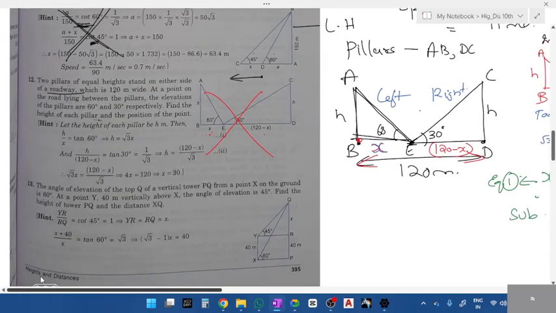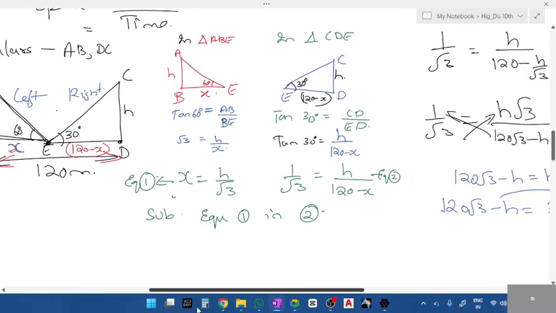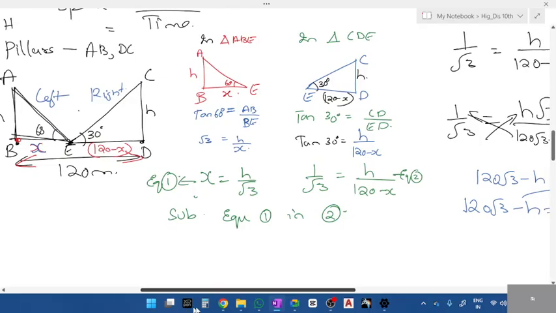Which question is this? Tan 60 is root 3, tan 30 is 1 by root 3.